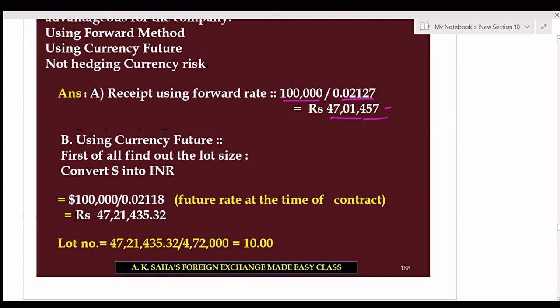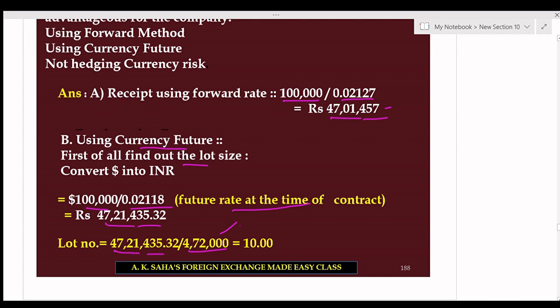By using currency future, to find out the lot size, that is 1 lakh divided by the spot future rate 0.02118, is equal to 47,21,435.32. Lot number will be 47,21,435.32 divided by 4,72,000, that is the contract size.